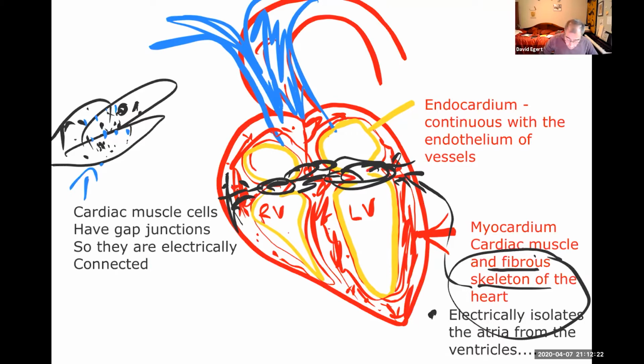So in general, if you excite some cells of the heart, that electrical excitation spreads across to all its neighbors.